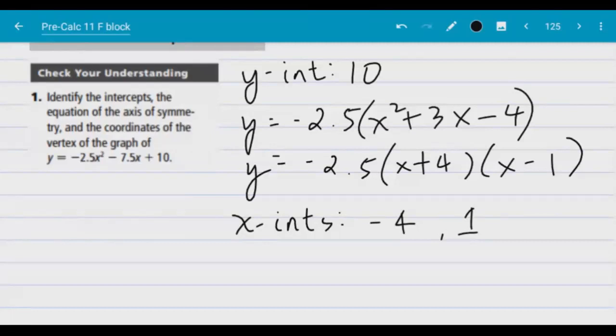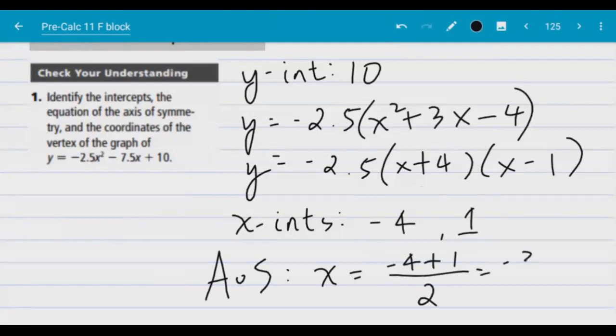Therefore, the axis of symmetry would be to just find the average of these two x-intercepts. Axis of symmetry, that would be x equals negative 4 plus 1 divided by 2. Just average those two. That would be negative 3 over 2 or negative 1.5.